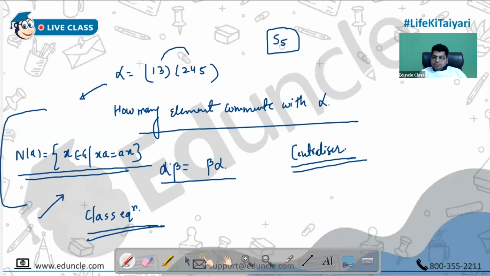Pranshu, wherever you have seen this problem, have you seen the solution also? Yes sir, the normalizer concept was used: order of normalizer equals order of G upon order of the centralizer of A. That is a class equation. Do you know? Sir, I don't know.